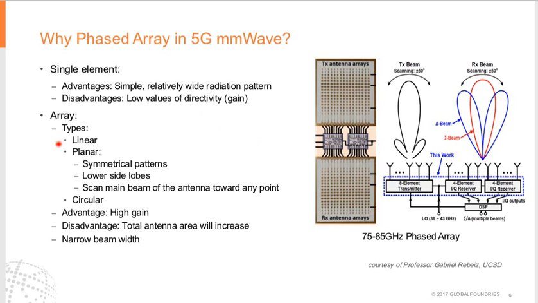And for the phased array, either linear or planar or circular, they have the advantage of high gain. The disadvantage is that when the element count increases, the total area will also increase. Okay, this is one example from UCSD, and it's a 75 to 85 gigahertz phased array example.